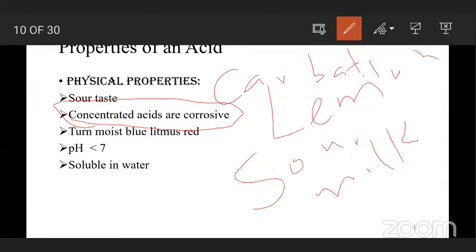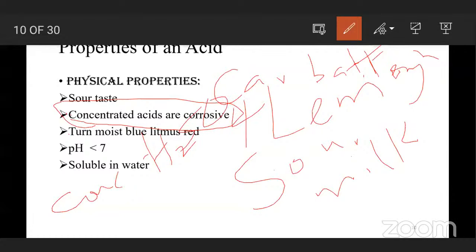We have already said that in the car battery we have concentrated H2SO4. So any acid in the concentrated form can be very dangerous. As much as possible, avoid that acid touching your skin or your materials because it can be very destructive.